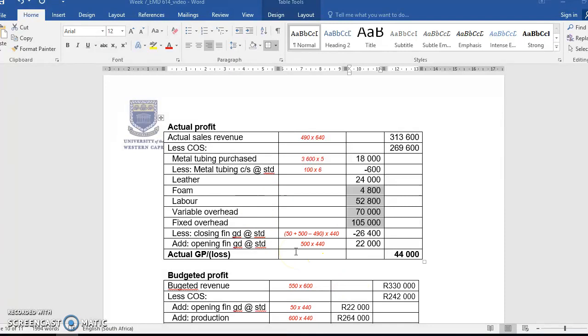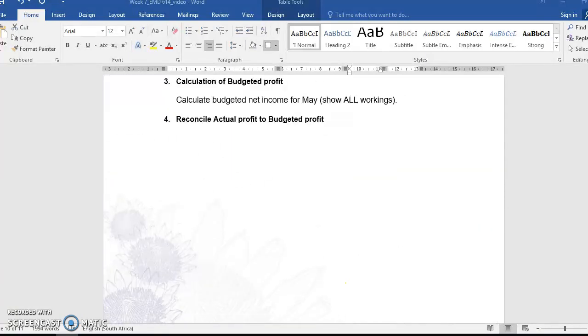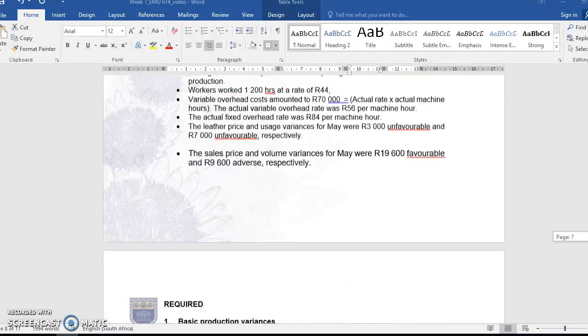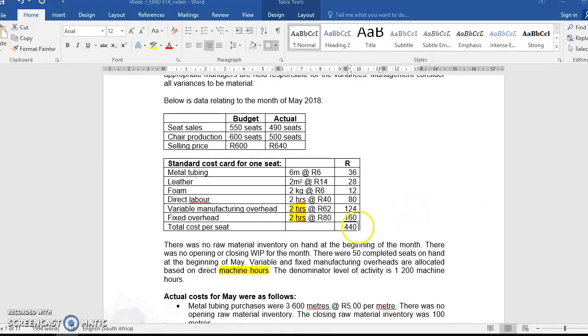Then we must remember, when it comes to finished goods, we had 50 opening stock of finished goods. Now finished goods has gone through all the costs: material, labor, overheads. So there's 50 opening stock, and all the cost comes to 440.